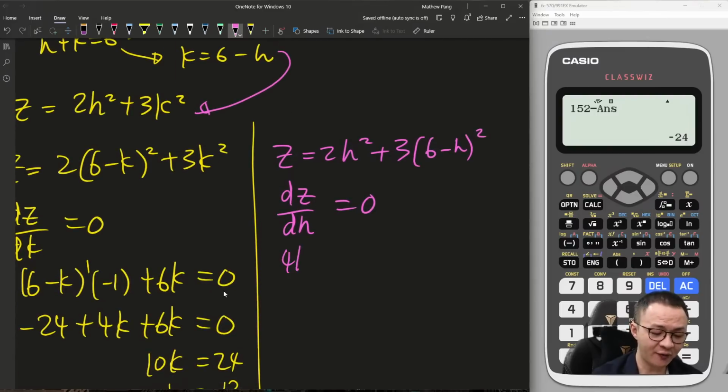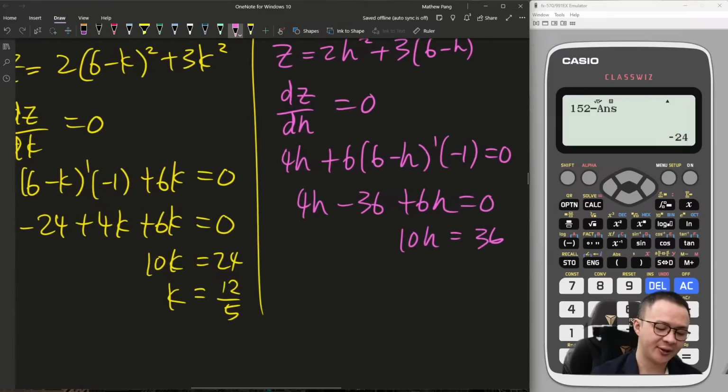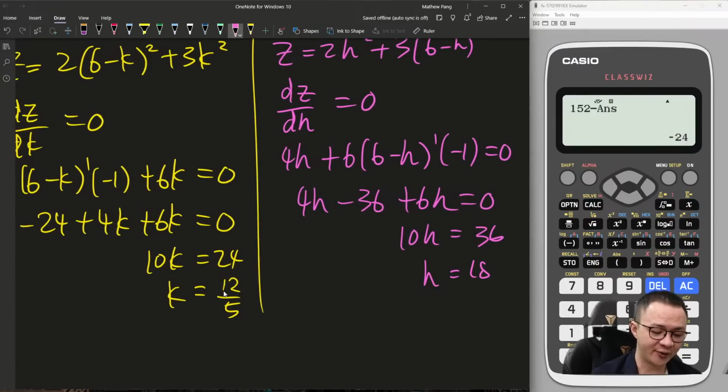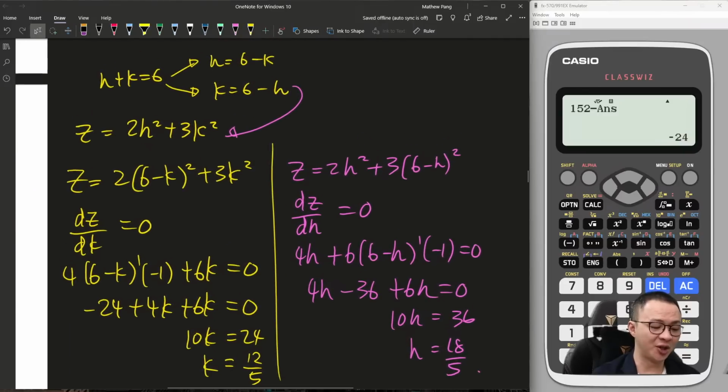Differentiate this one: 4h plus 6, 6 minus h, times minus 1, equals 0. So 4h minus 36 plus 6h equals 0. 10h equals 36. Then h will equal 18 over 5. Okay, done. We already found h and k by substituting the different equation into the z equation to differentiate.